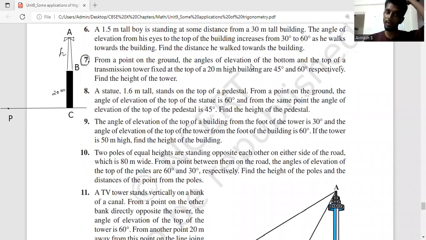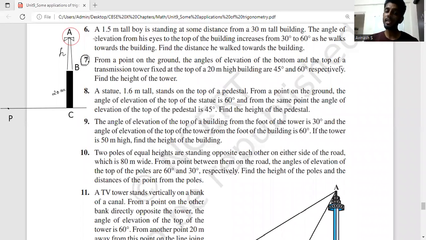When they say bottom of the transmission tower, they are trying to mean this point, B. And when they say top of the transmission tower, they are trying to mean A. So bottom of the transmission tower is also the top of the building. It is the same point B. They can either mention it as bottom of transmission tower or top of the building. So A is the top of the transmission tower.